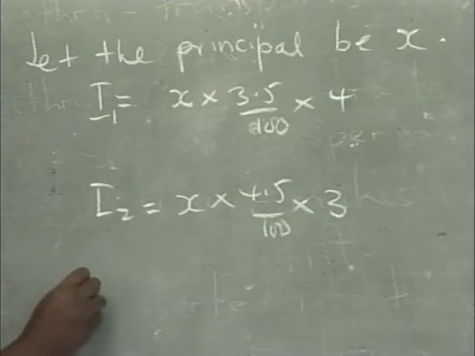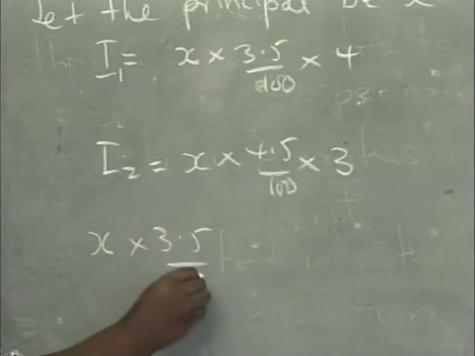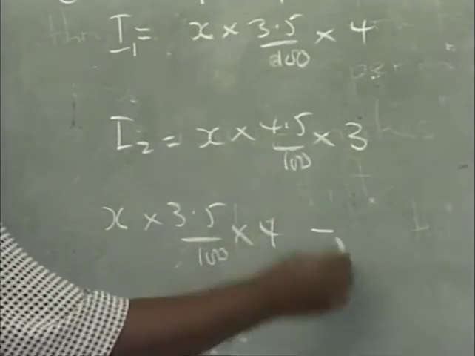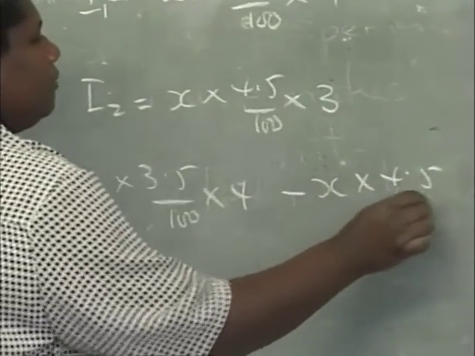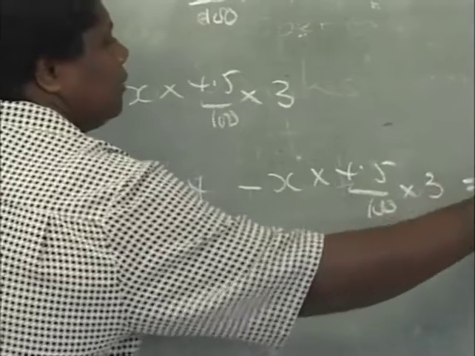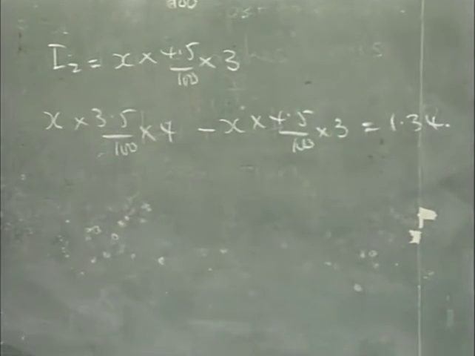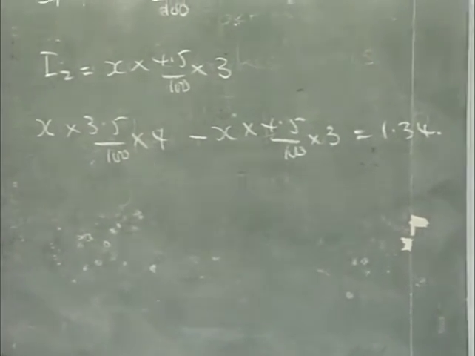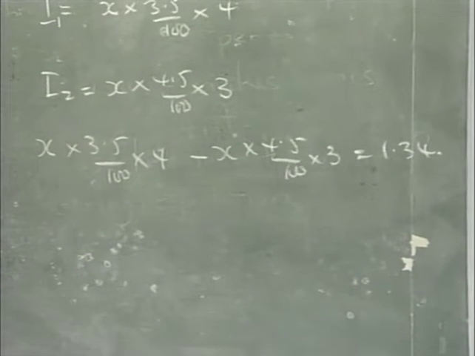So X times 3.5% times 4, take away X times 4.5% times 3 equals 1 kina 34 toya. Note that for simple interest too, it's the same as increasing.